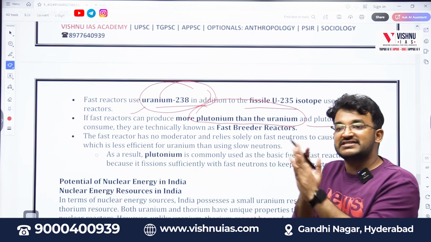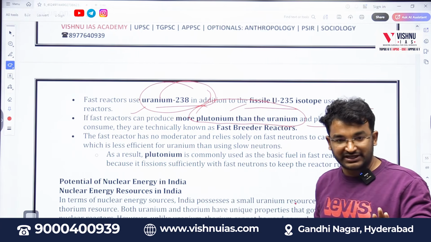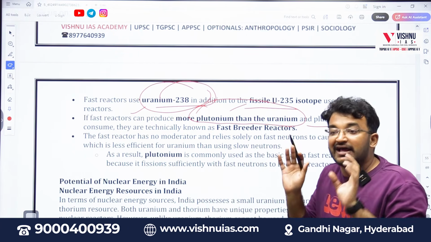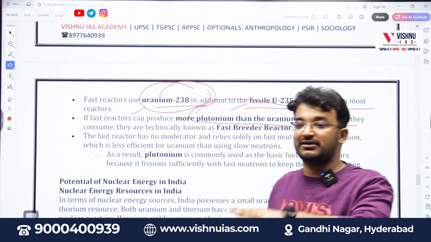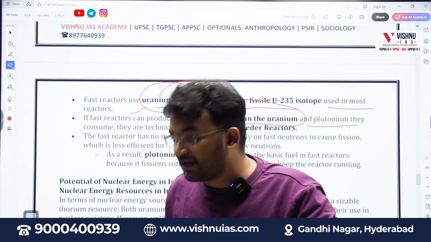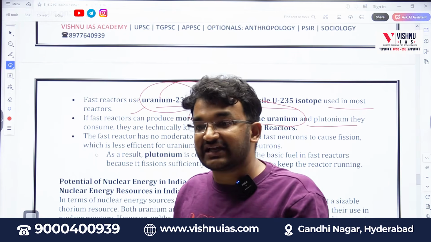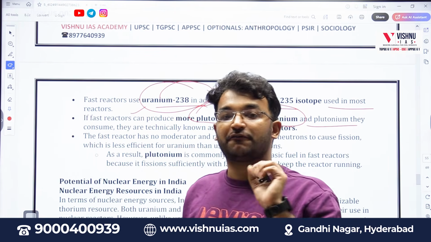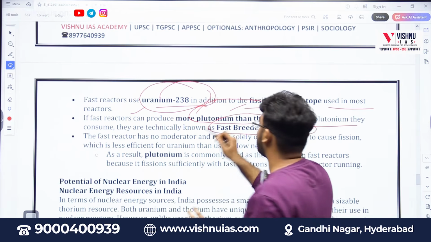Now this gets turned into plutonium-239. When this conversion happens, if final output is getting even more, that type of reactor is called as fast breeder reactor.